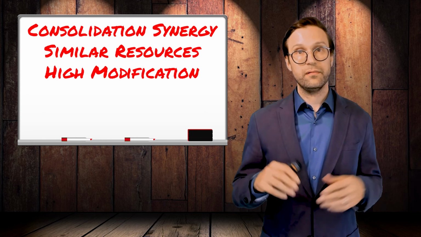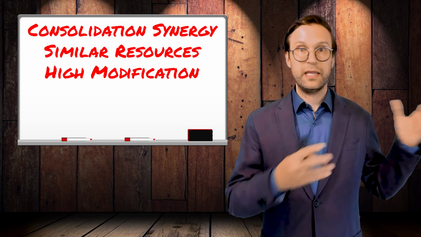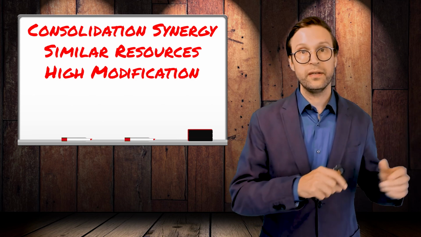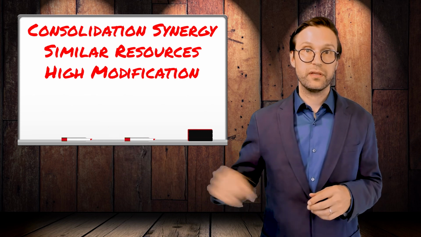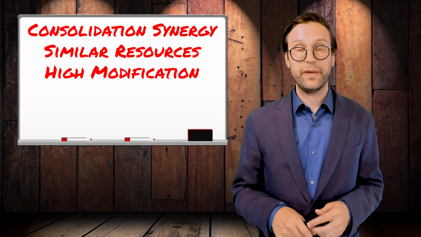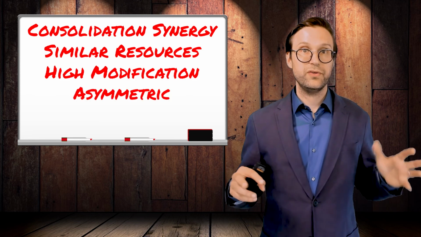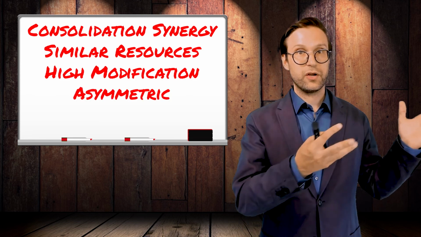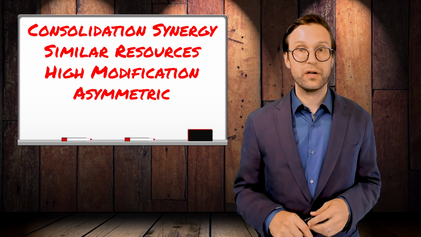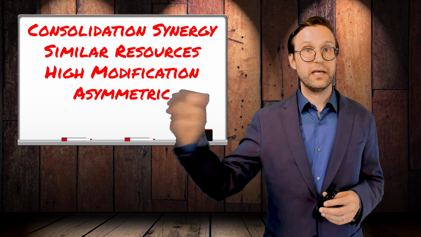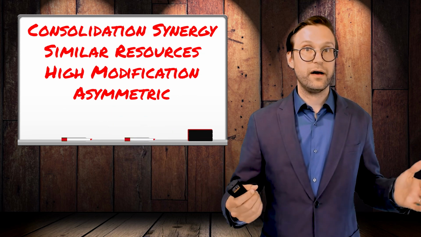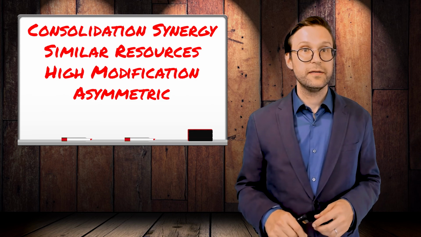Often this will be with keeping that department from one company or business unit and cutting most of the people from the other business unit, which is why this tends to be asymmetric. So in this case, you have one side incurring the cost for having and managing an HR department, and then the other side is able to realize the benefit of that without incurring the cost of having their own department.